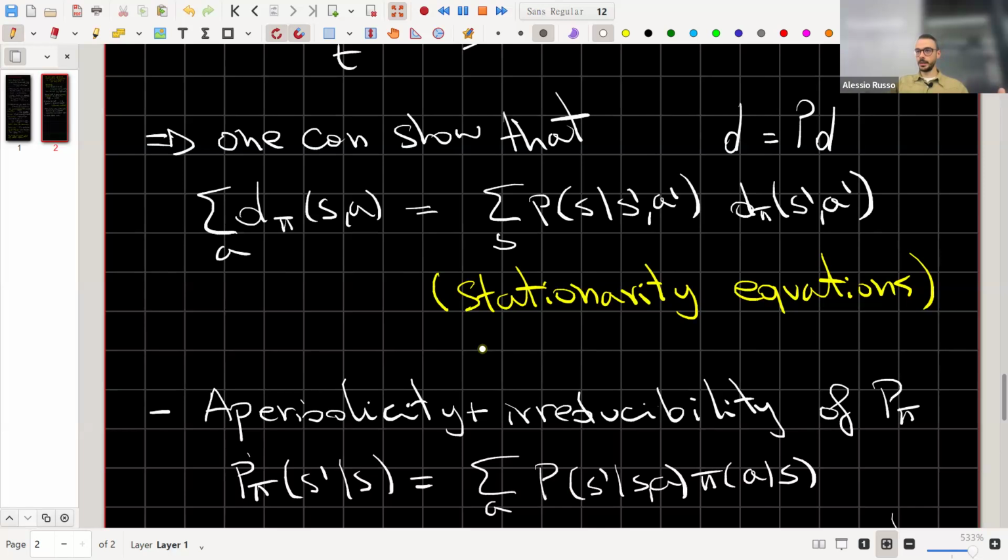And as you approach infinity, then stationarity at some point will start to kick in, and that will be the main regime of the lower bound.